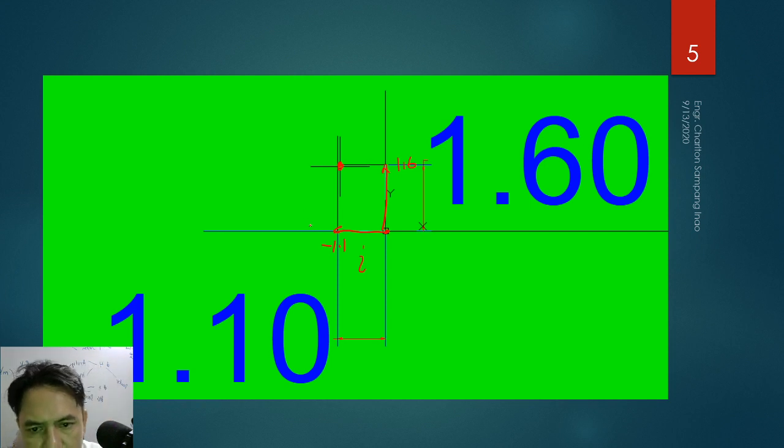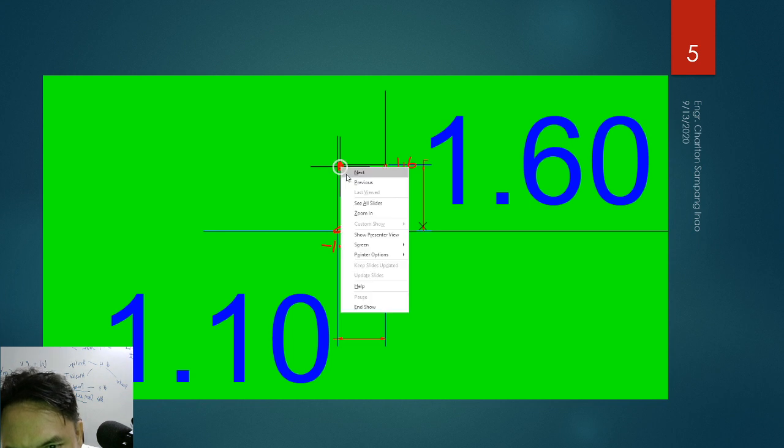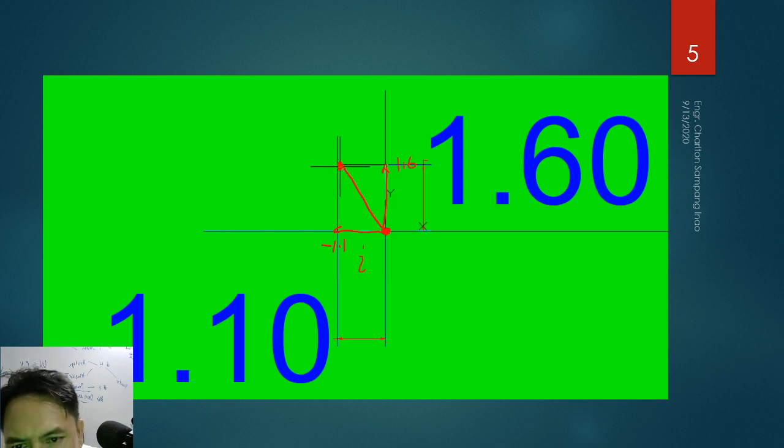This is the resultant, which is if you add the x component and the y, coming from the origin, because we start with the origin as a reference. So the coordinate of this is in i or x, negative 1.1, comma, and the height is 1.6.